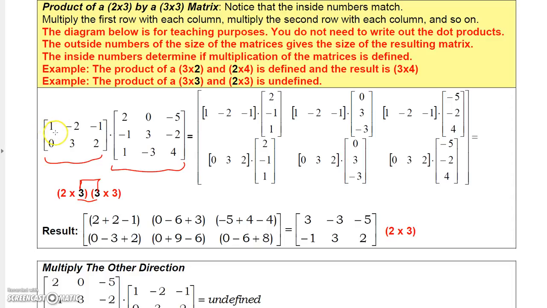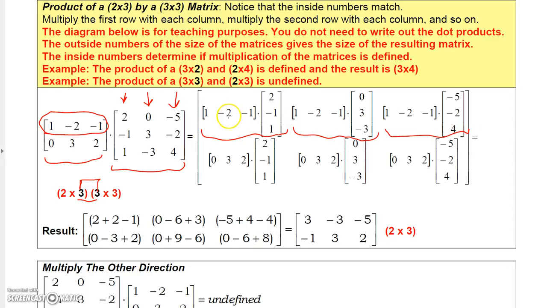So now let's multiply. Here's how we do it. Take the first row from the first matrix and multiply it by each one of these columns. So multiply it by the first column, the second column, and the third column. And you can see here is the first product, here is the second product, and here is the third product.